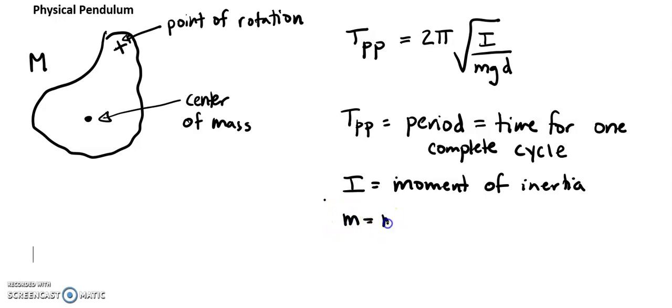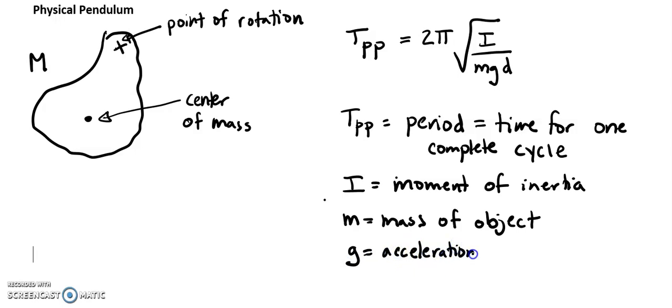M is the mass of the object, and again, we'll oftentimes use kilograms, but other things are acceptable as well. G is the acceleration due to gravity wherever the object is. So oftentimes on Earth, that'll be 10, but we could go to a different planet and mix it up.